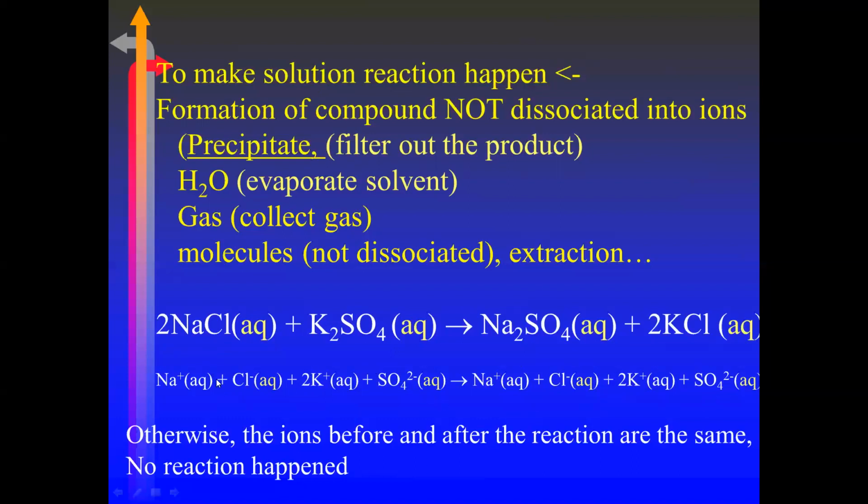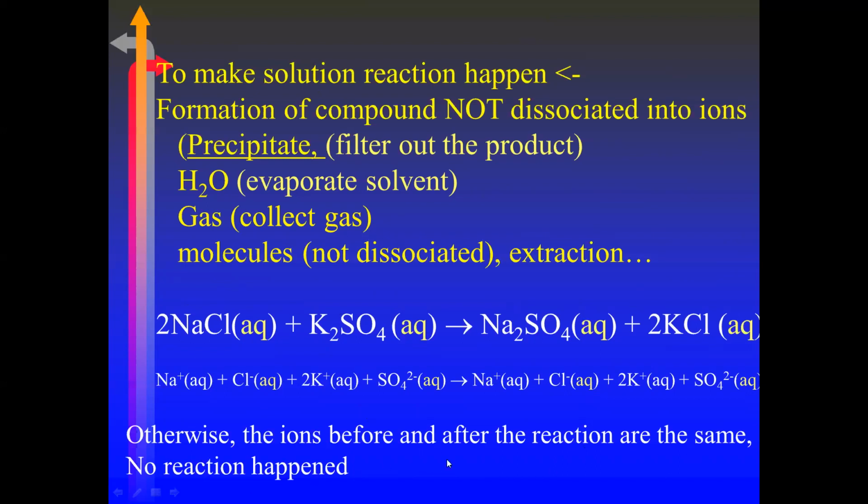At the beginning you have these ions in the beaker. At the end of the reaction, you still have these four types of ions in the beaker, but you cannot take anything out, because there's no precipitate, no water, no gas, no molecule. Basically, this reaction we call no reaction. It's not really a reaction. Nothing happened. The ions before and after the reaction are the same.